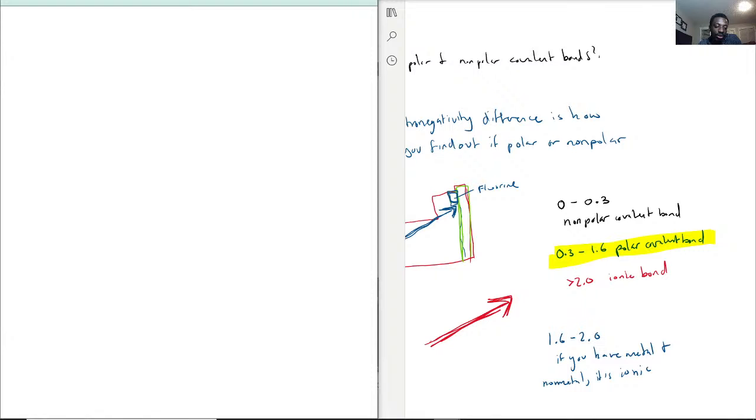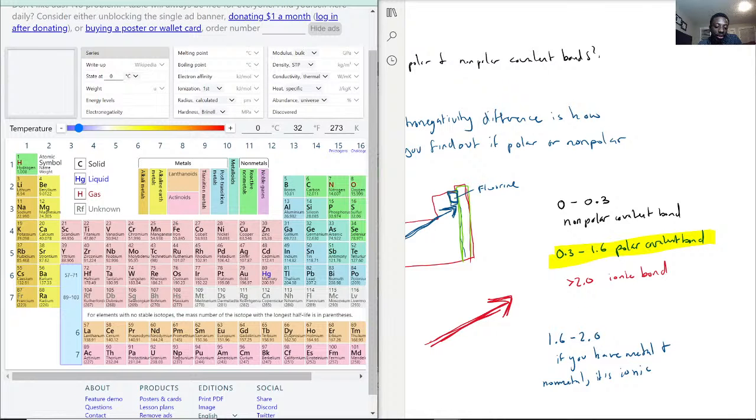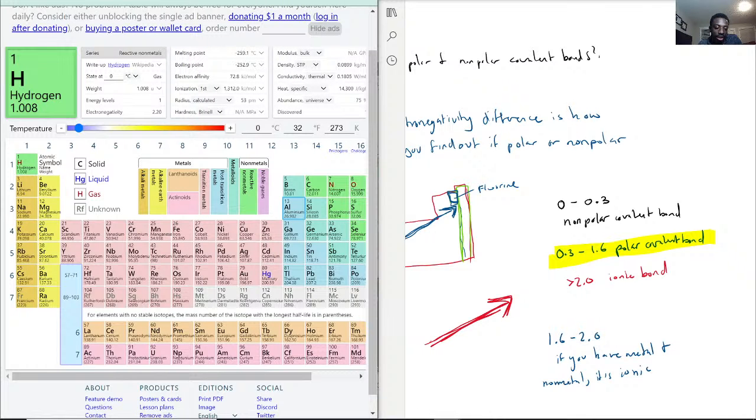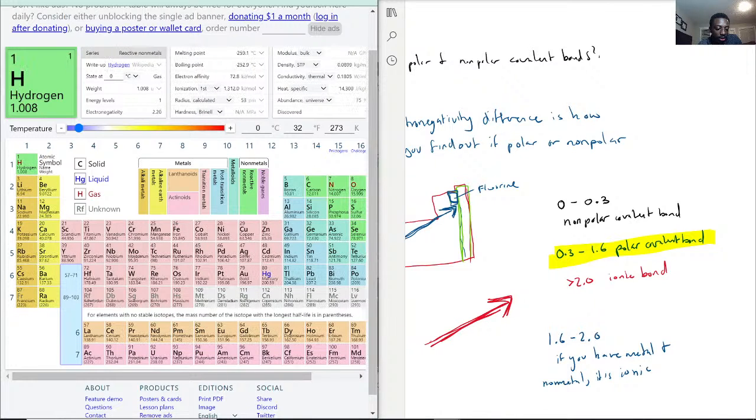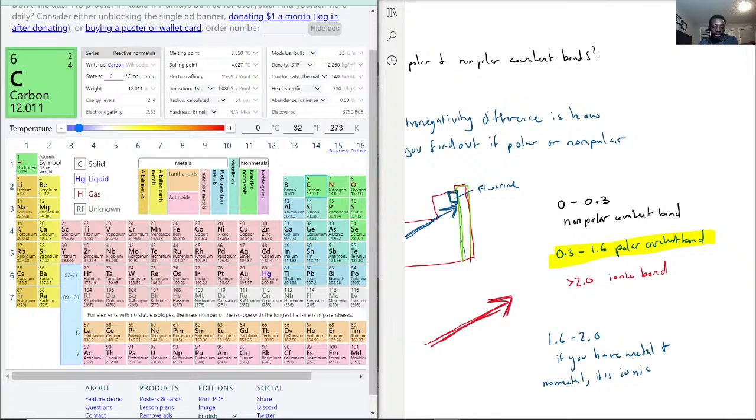Those are, I guess, the most typical non-polar bond you would see. So carbon is 2.55, and hydrogen is 2.20. So let's change this then, because I believe it's actually 0.4, not 0.3. So that's embarrassing.